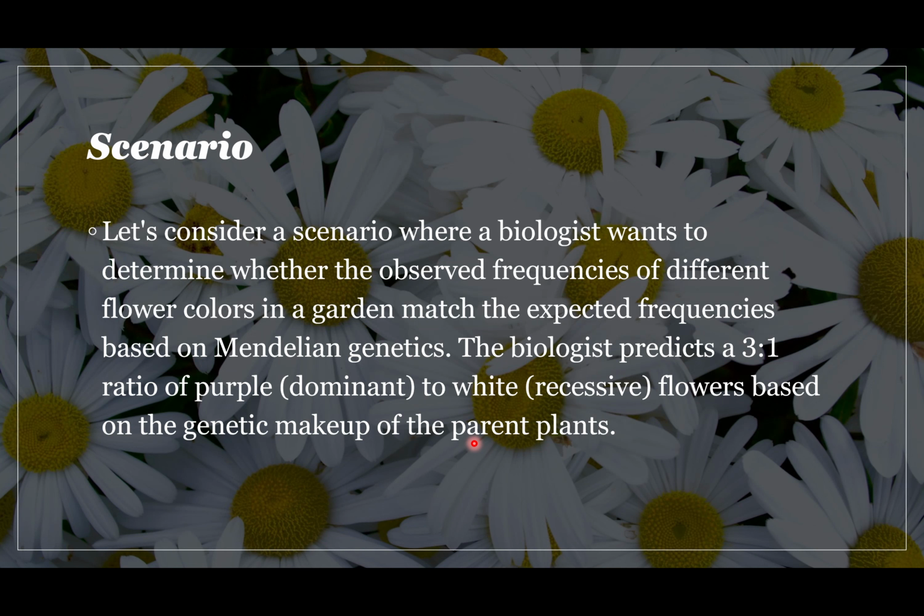The biologist predicts, through a genetic cross, that we have a 3-to-1 ratio of purple, which is dominant, to white flowers based on the genetic makeup of the parent plants. We do a test, like a Punnett square, to figure out our ratio. So our ratio would be our expected.